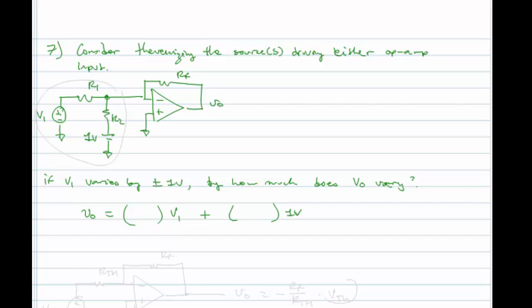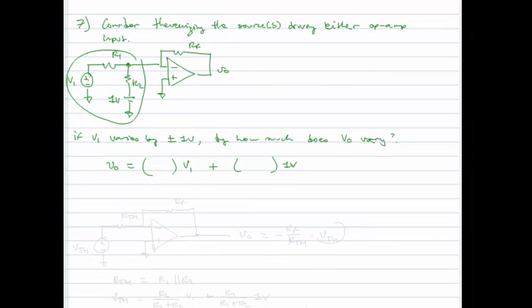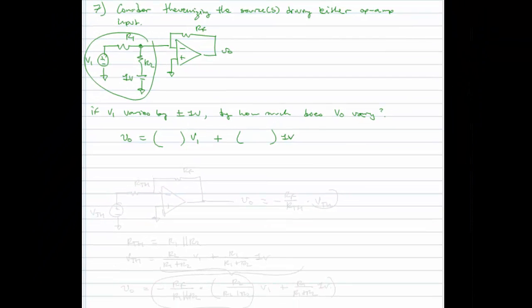So if I could replace all of this with some Thevenin equivalent, where I would have R Thev and V Thev here, and that goes into my inverting input, okay, then I would write VO is equal to minus, I can write this by inspection now, minus RF over R Thev times V Thev.